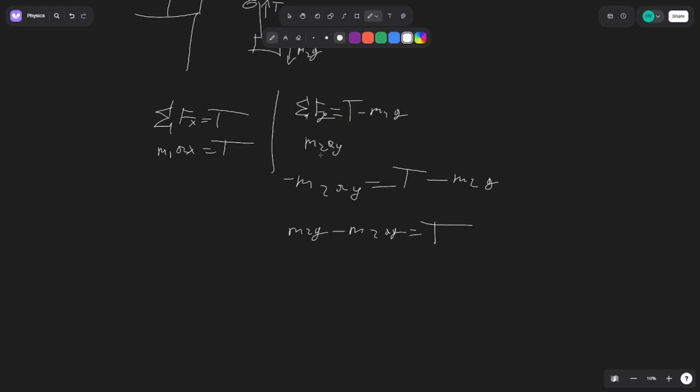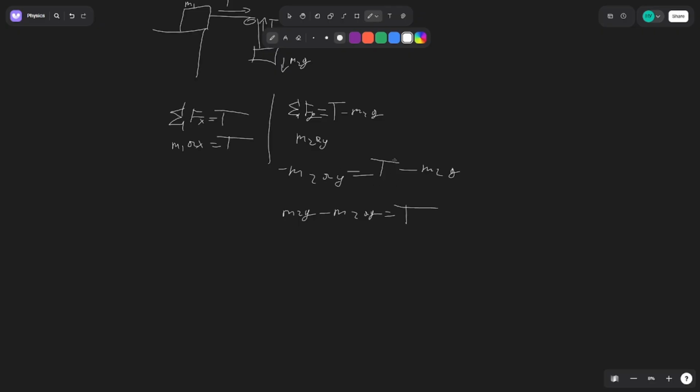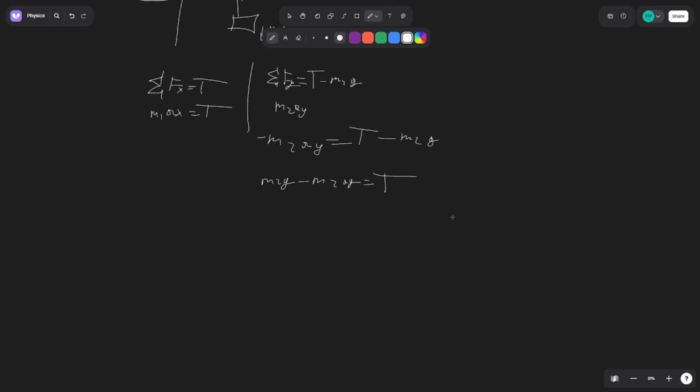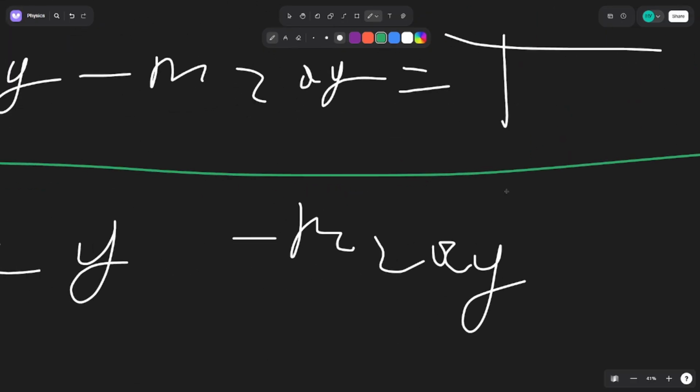So this is a way of representing a sum of forces. And therefore, m2g minus m2ay, let me do it like this.